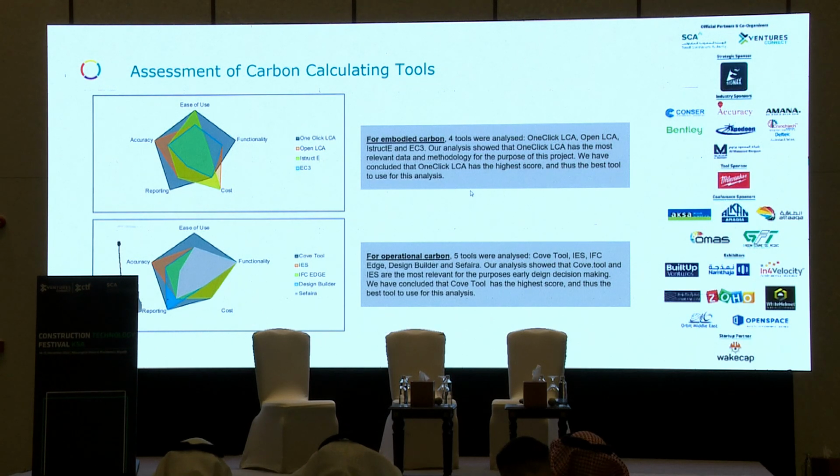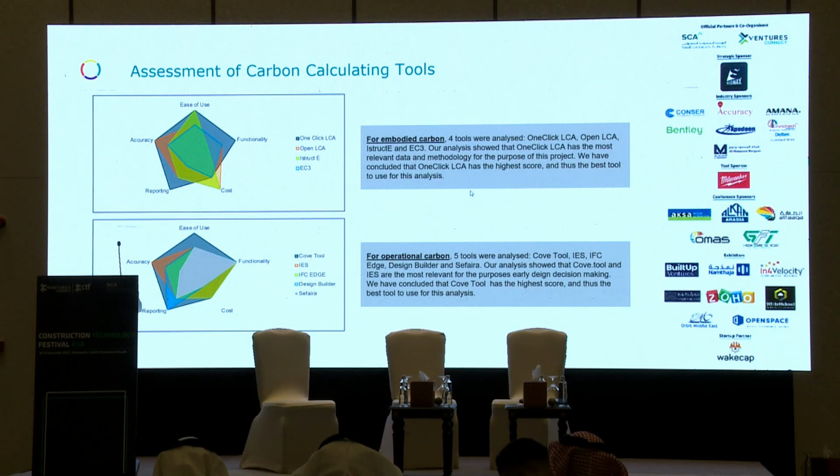And we concluded, again, as Engineer Reed said, that One Click LCA is really the most user-friendly tool. It also helps more in accuracy because it's supported by a strong database of environmental product declaration documentation of different materials that are authorized by auditors and reviewers.